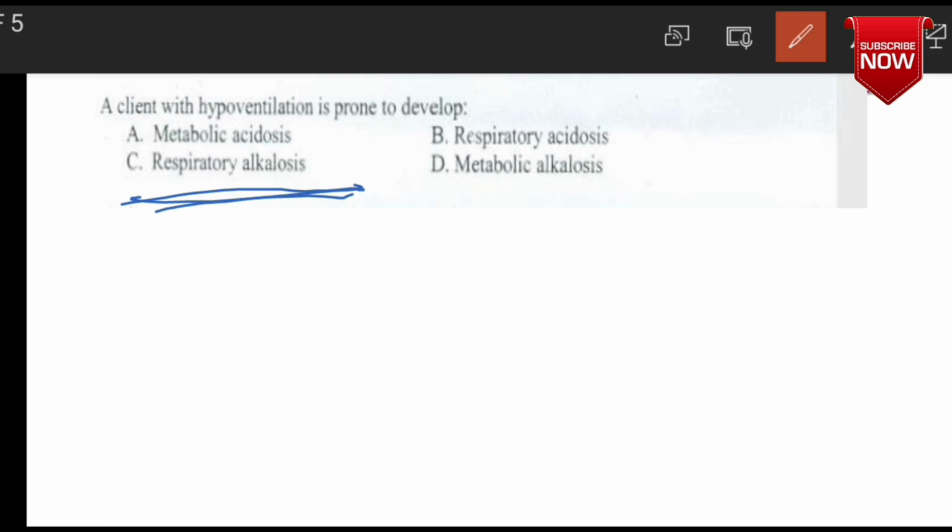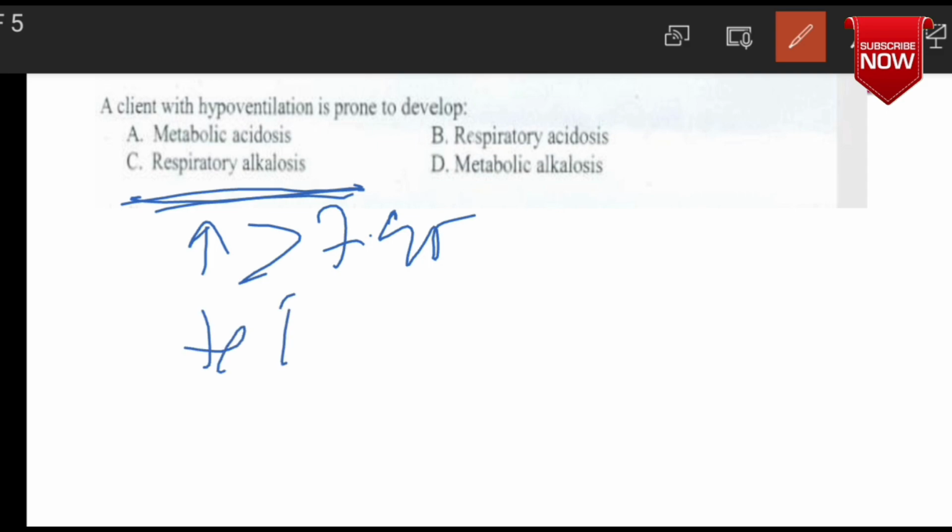Respiratory alkalosis. In alkalosis, the pH value is more than 7.45. Increased pH means alkalosis and decreased pH means acidosis. In respiratory alkalosis, the pH value is more than 7.5. That means the increased pH and decreased PCO2.